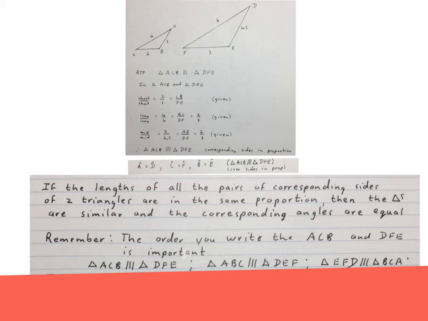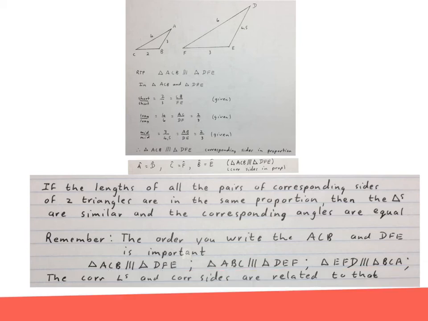If you look at it, it's important the A is at the beginning here with a D. There the A is at the beginning with a D. There the A is at the back with a D. The C here is in the middle with the F. The C is at the back with the F. So as long as the A and the D are at the same place, the C and the F is at the same place, and the B and the E is at the same place. Just a small note, the corresponding angles and the corresponding sides are related to that writing.